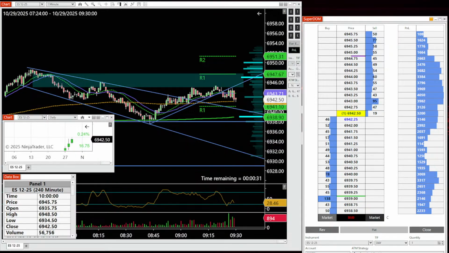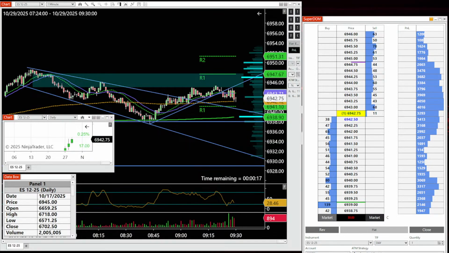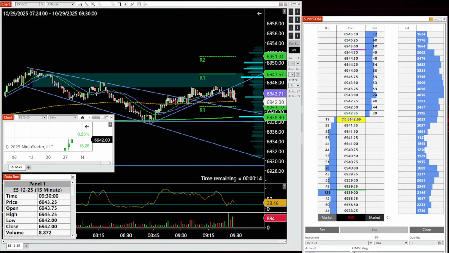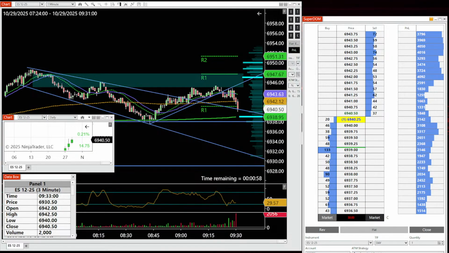Market will be open in about 30 seconds, 20 seconds. Looks like we're just going to be bouncing around here. Break of VWAP may give us something.